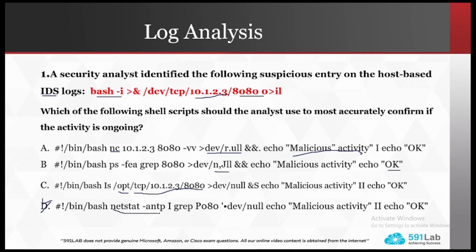The script uses netstat -anp to list all the network connections and pipes the output through grep for port 8080, to look for activity related to port 8080 in the listen state.